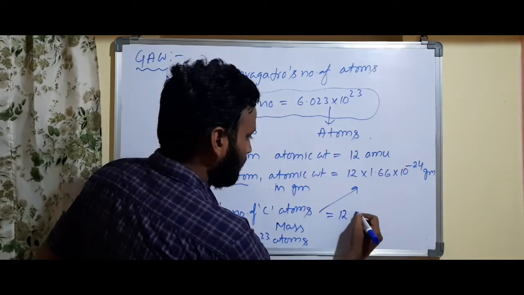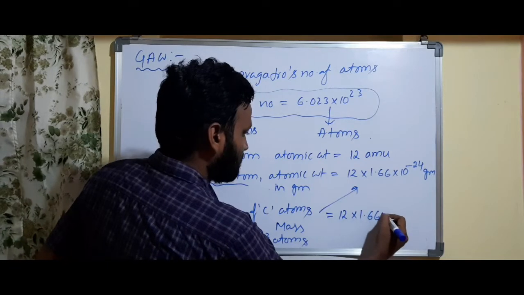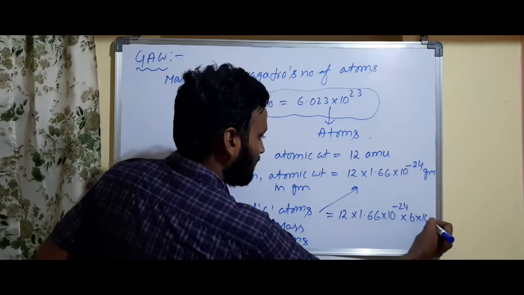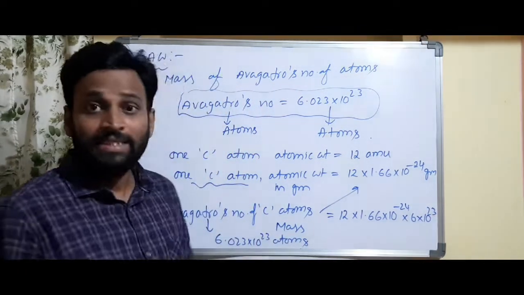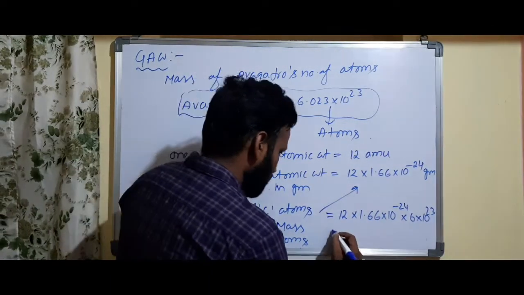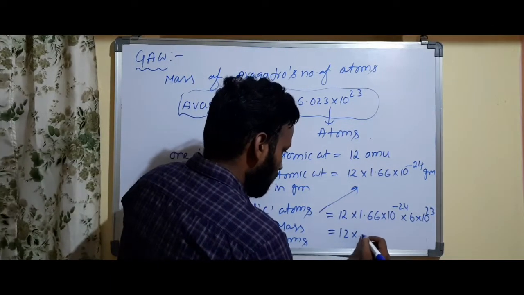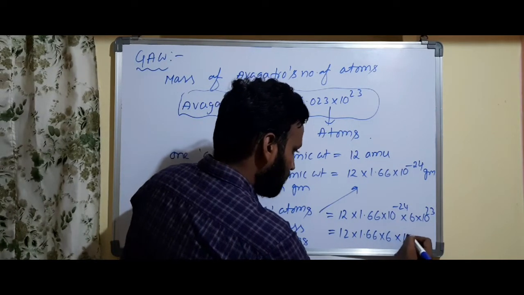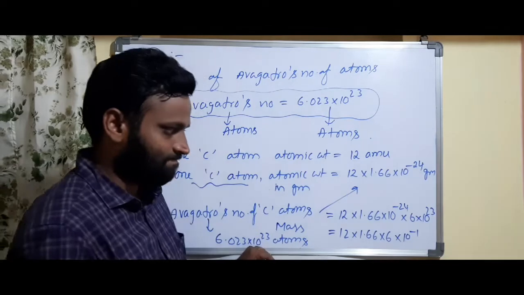So now 12 into 1.66 into 10 power minus 24 into this 6 into 10 power 23. If you do this, you will get 12 into 1.66 into 6 into 10 power minus 1 remains.